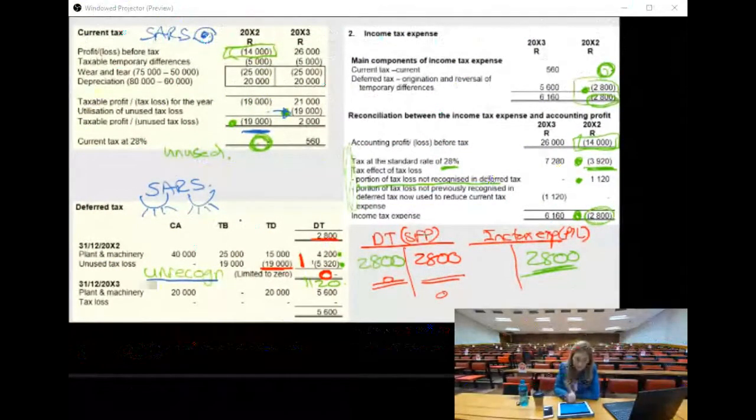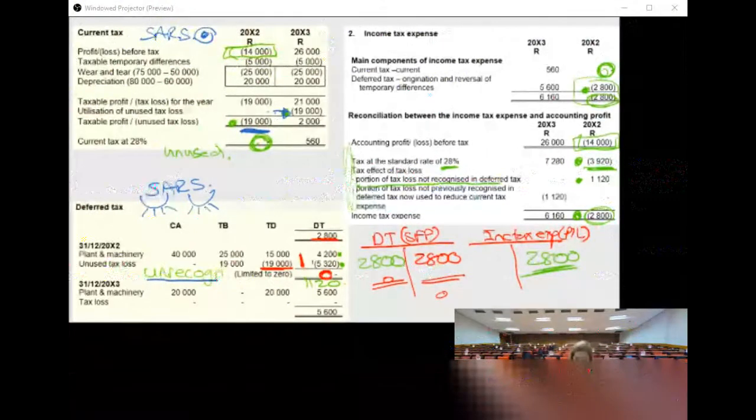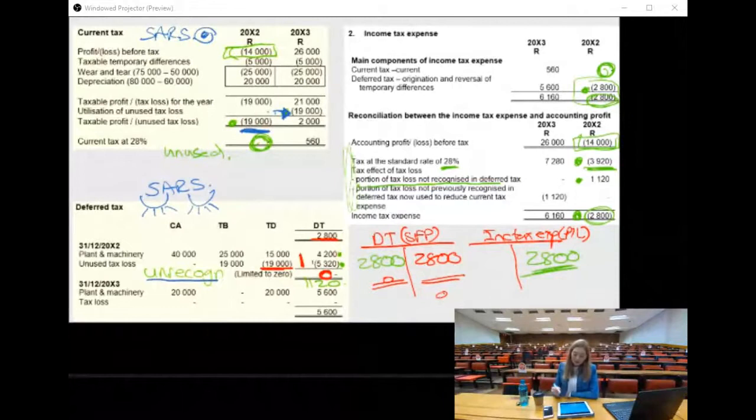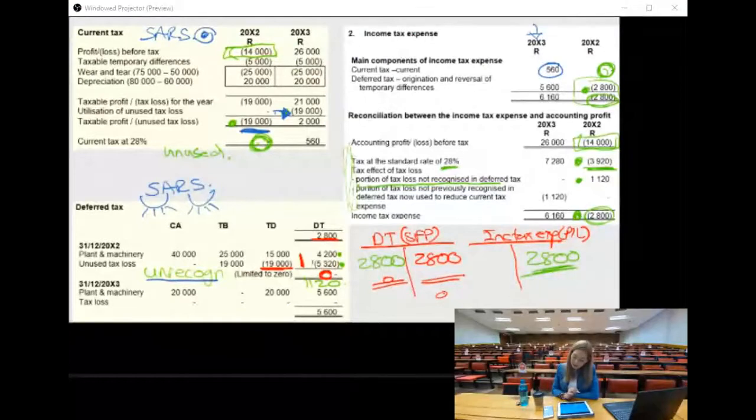So SARS knows you had a loss in the previous year that you can utilize the full amount in the current year. So therefore, now in our current year, in 20x3, our current tax was decreased with the full tax loss. The full tax loss decreased our current tax expense.